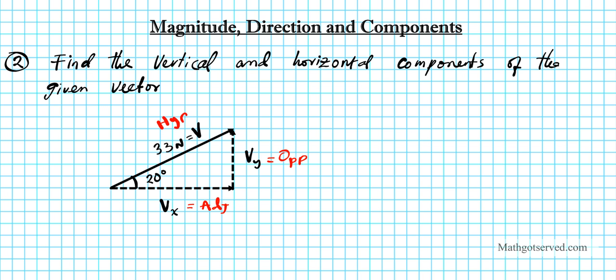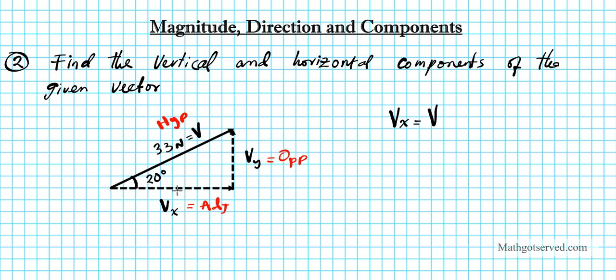So what trig ratio depends on opposite and hypotenuse? That's what the vertical component is. All right, and then the horizontal component is what trig ratio relates the hypotenuse and the adjacent. All right, so let's do horizontal first. V of x is going to be vector v.